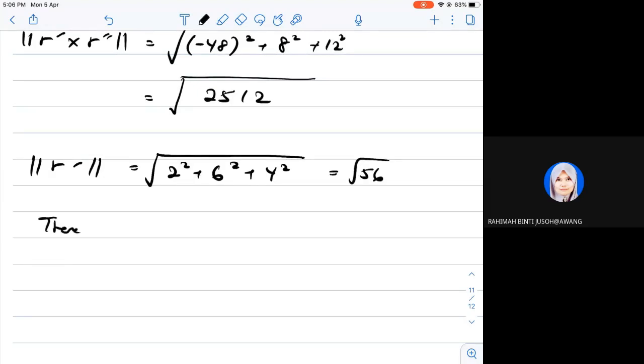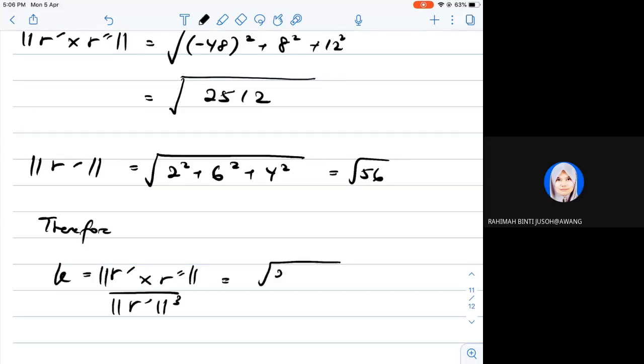Okay, therefore curvature equals to R prime cross R double prime magnitude bagi R prime kuasa 3. So you dapatlah square root of 2512 divides by square root of 56 kuasa 3. Macam tu. So that's the answer.